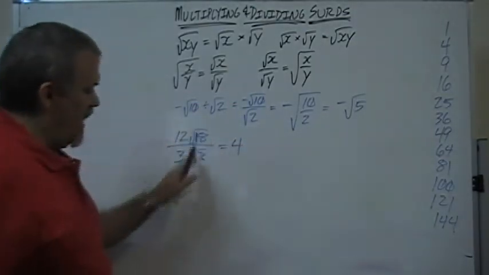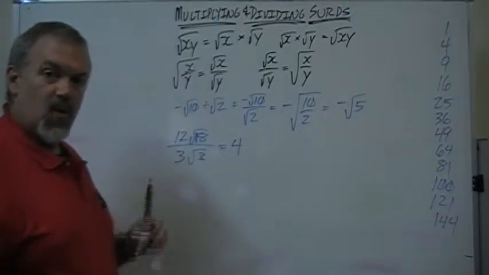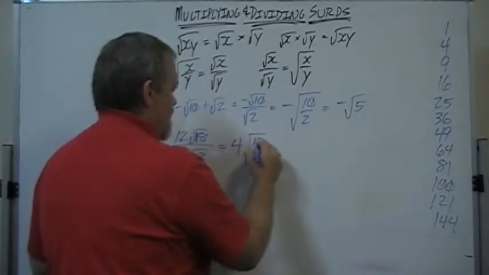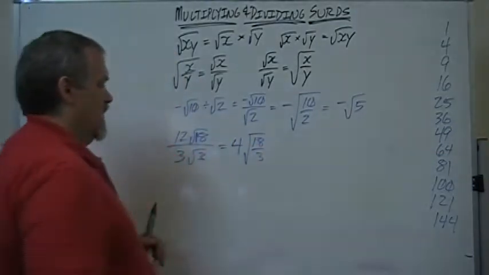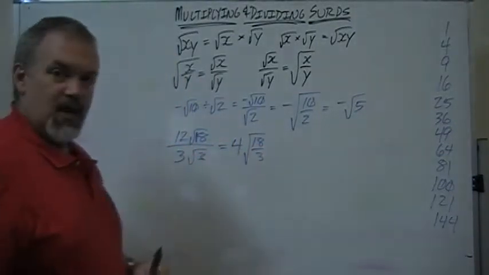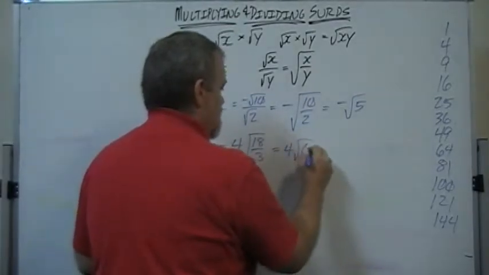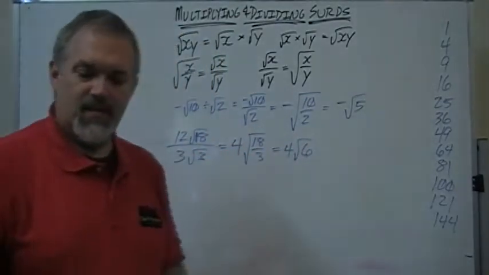And then we can combine these into one surd. So we have the square root of 18 over 3. And 18 over 3 is, of course, 6. So we get 4 square root of 6.